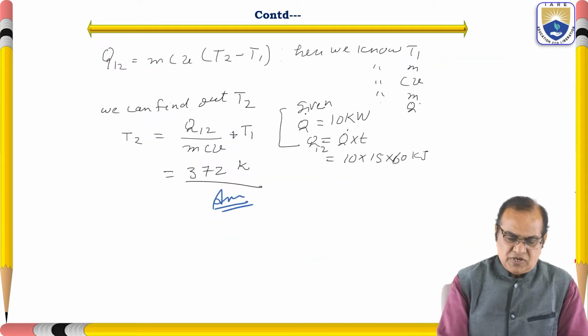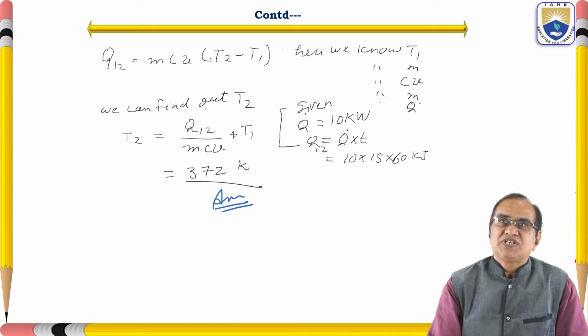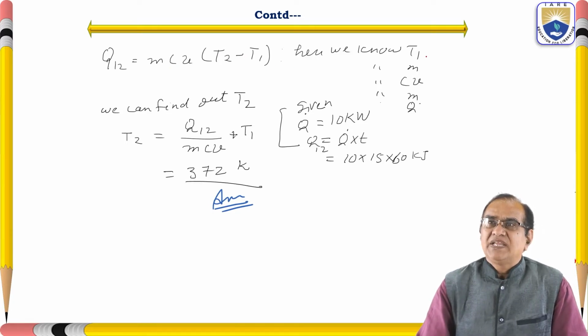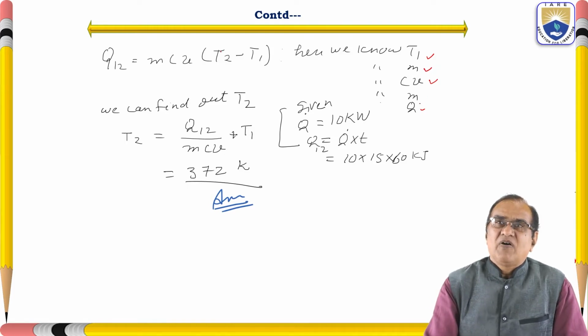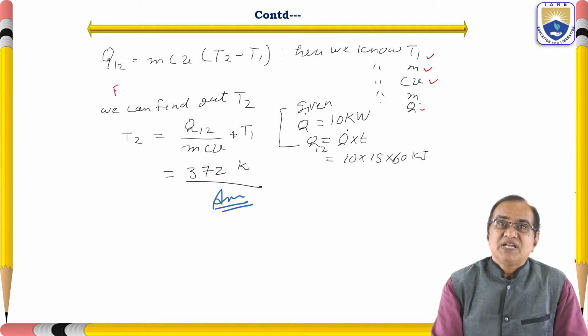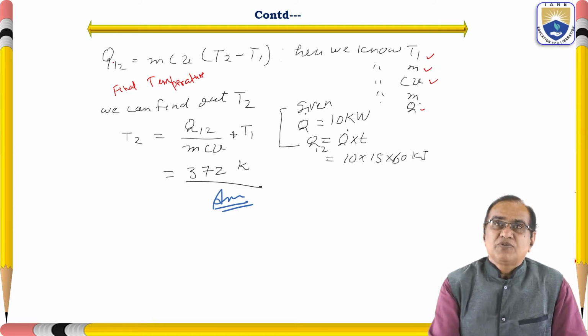So here now Q12 is equal to m Cv (T2 minus T1). Here we know T1, we know the mass, we know Cv, we know the Q dot. So from here we can find out T2, the final temperature. So this T2 is equal to Q12 divided by m Cv, plus T1.